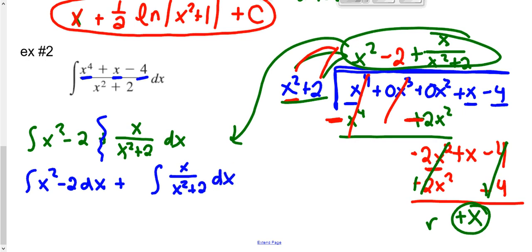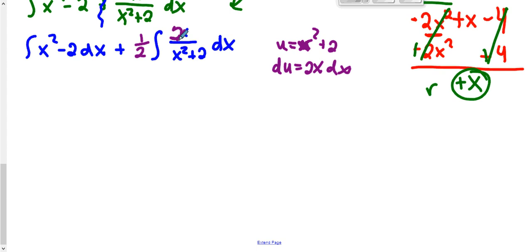Remember fractions, if we can have the derivative on the top, it's an ln. So if we used a u substitution of x squared plus 2, then du would be 2x dx. So that means we need a 2, which means we have to put a 1/2. Sorry, it doesn't want to write a 2. I don't know why.